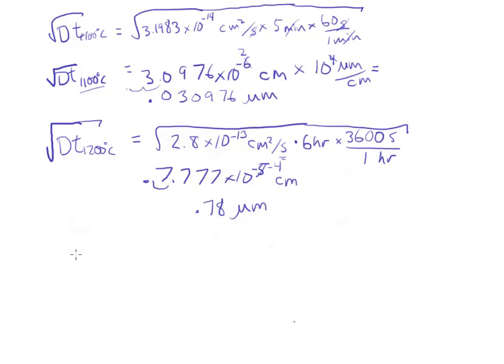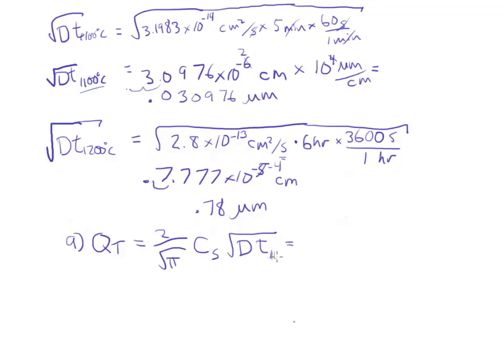Okay, and then the next part, finally we get to the first part of the problem, Q_T. Q_T equals 2 over the square root of pi times the source concentration at the surface of the wafer of the dopant, and also times the diffusion constant times time.